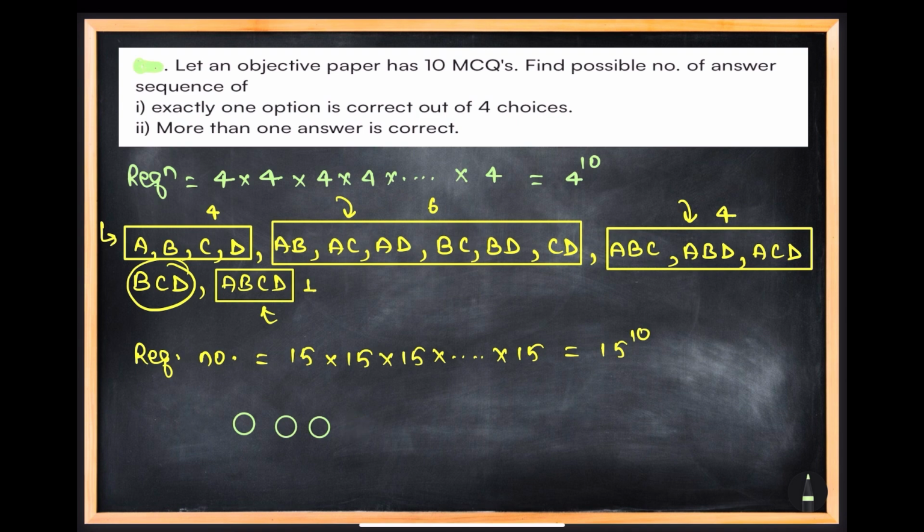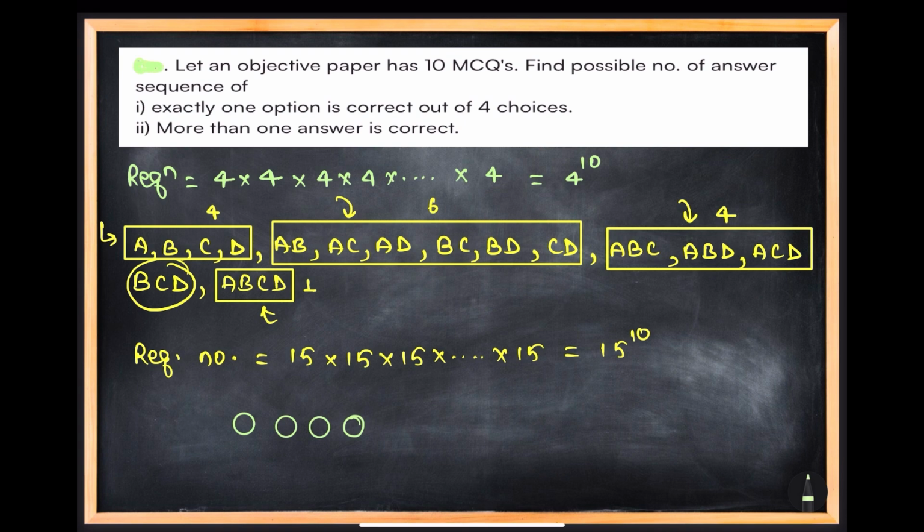Now look at this. If I ask you to focus on this bubble, what will you do? I'm talking about only one case. The moment you look at this bubble, you will feel that I should fill this bubble or I can skip this bubble, correct?